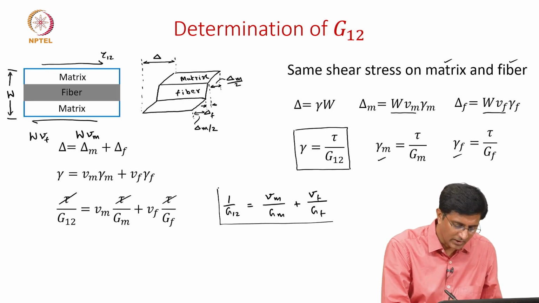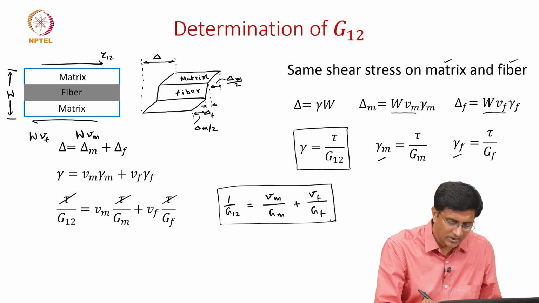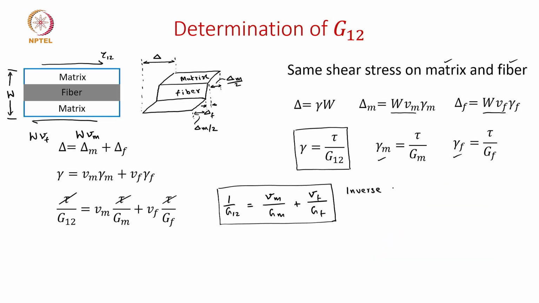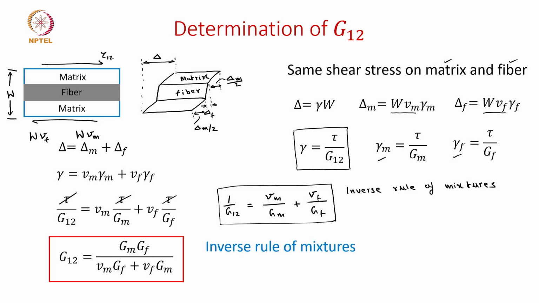This, as we discussed earlier, is the inverse rule of mixtures. Of course, this can again be rewritten for G12, which is shown here. G12 here is again written in terms of the shear modulus of the constituents and the volume fractions.